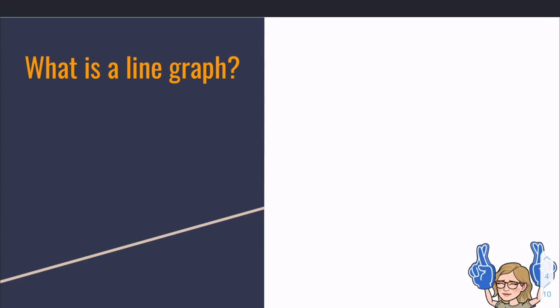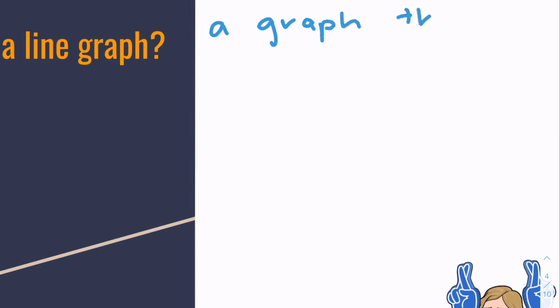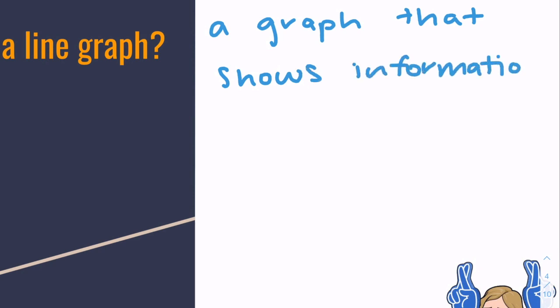So first off, we're just going to start with the definition. What is a line graph? It's very important we know what it is, how to identify it, and then we'll see how we can use it in mathematics. So what is a line graph? It is a graph that shows information that is connected in some way.